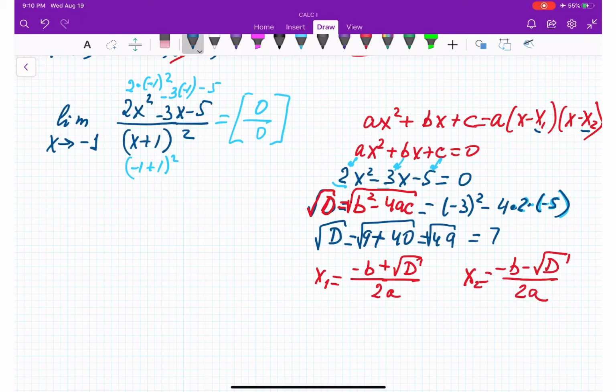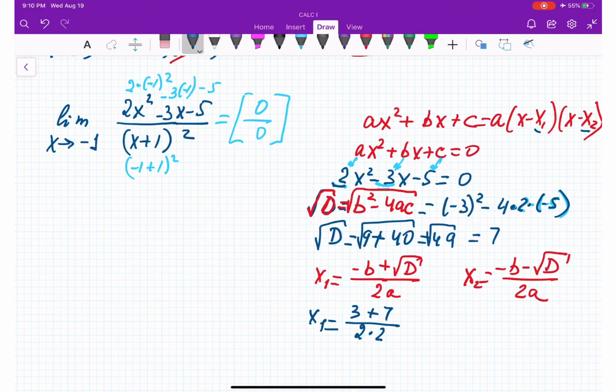So x1: my b is negative 3, so negative b will be positive 3. So 3 plus the square root of discriminant, 7, divided by 2 times a, which is 2.